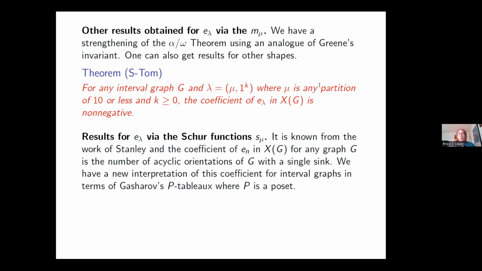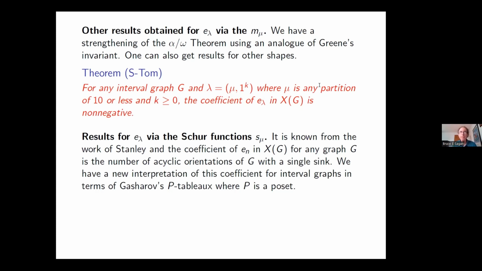Using the Schur basis as intermediary, we can give a new interpretation of this coefficient in the specific case of interval graphs, using certain tableaux called P-tableaux that were invented by Gasharov to prove the weaker statement that for interval graphs, it's at least s-positive in the s basis.